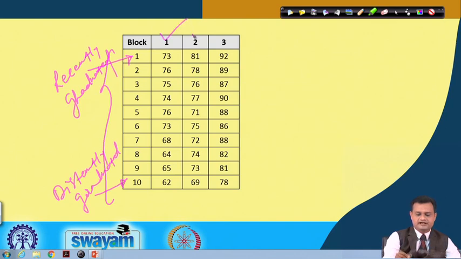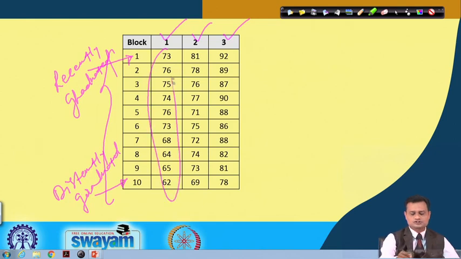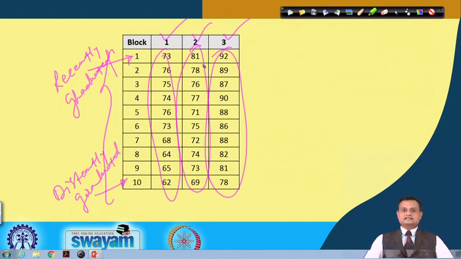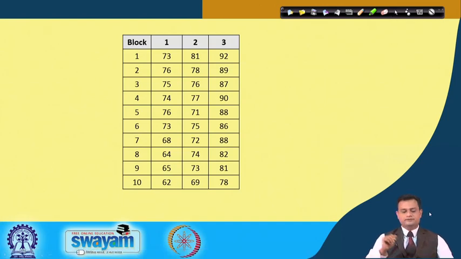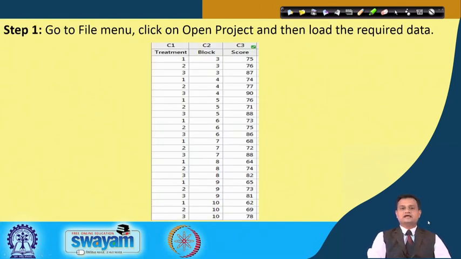I have three methods of training, 1, 2 and 3, and I am finding the scores of a particular training method, how effective it is, maybe by conducting a test or examination, and these are the scores. Now within a particular block, as I mentioned, these auditors are assigned randomly and these are the scores of those auditors.